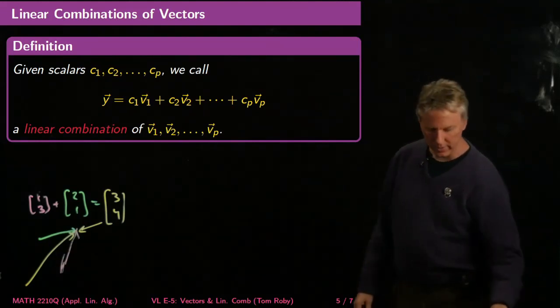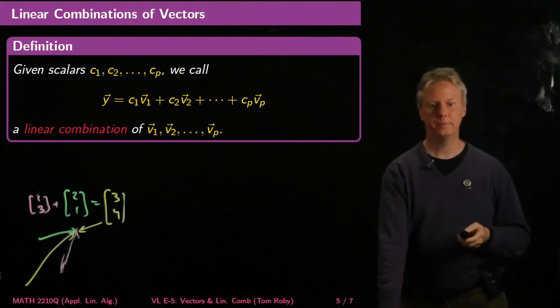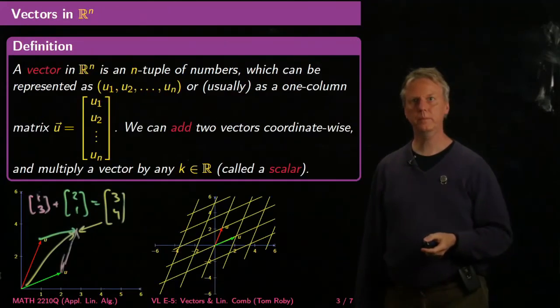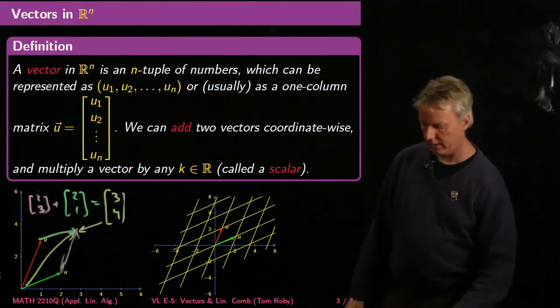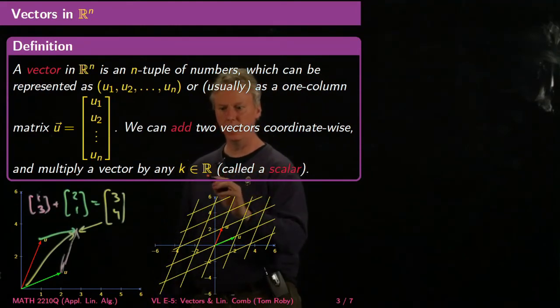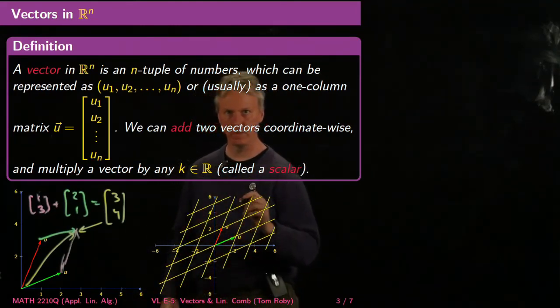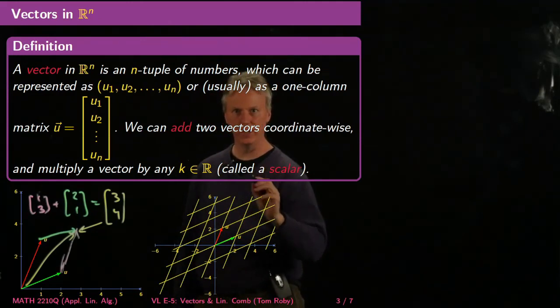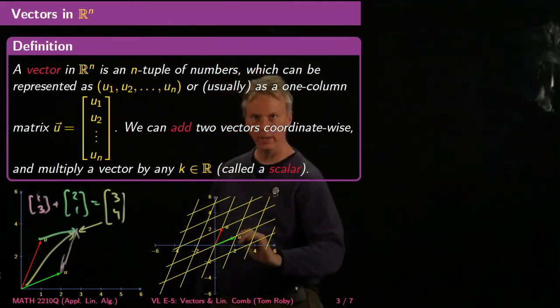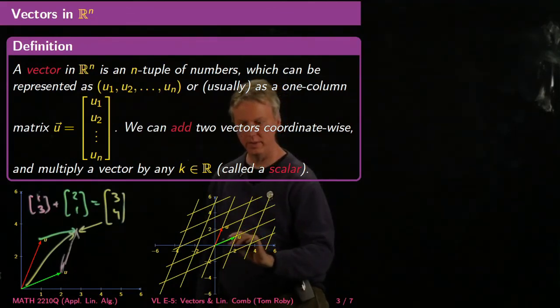Right, so thinking about linear combinations, let's go back and take a look at this picture again. So over here in this picture, what's going on? Well, suppose I wanted to take 2 times the green vector.